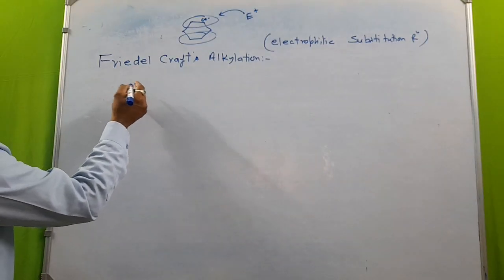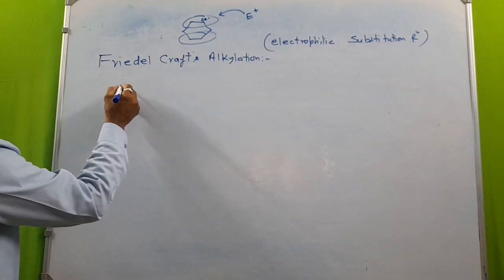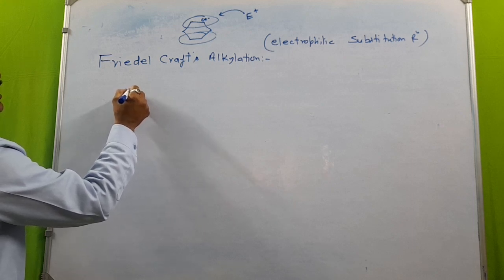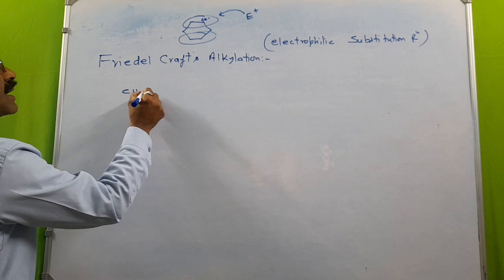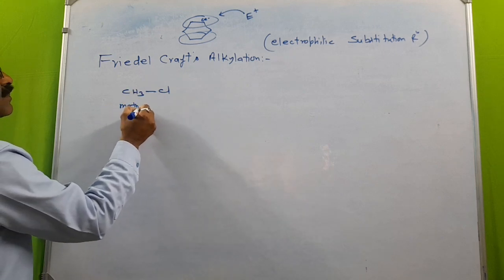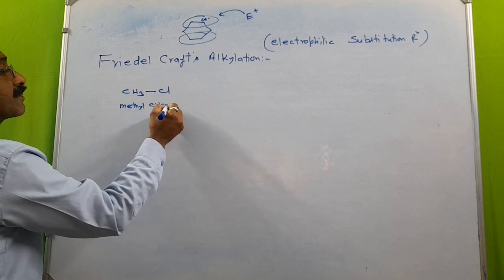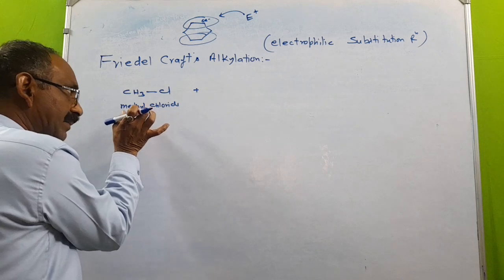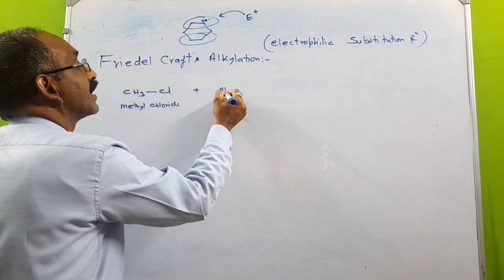See how the reaction occurs. Here, let our alkyl halide be methyl chloride. Now, our methyl chloride will react with the catalyst.